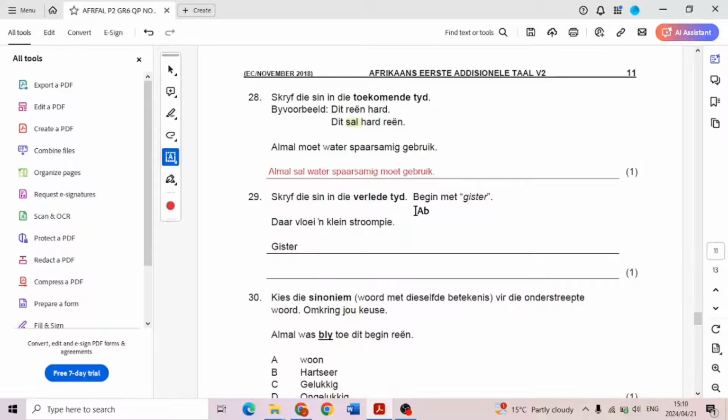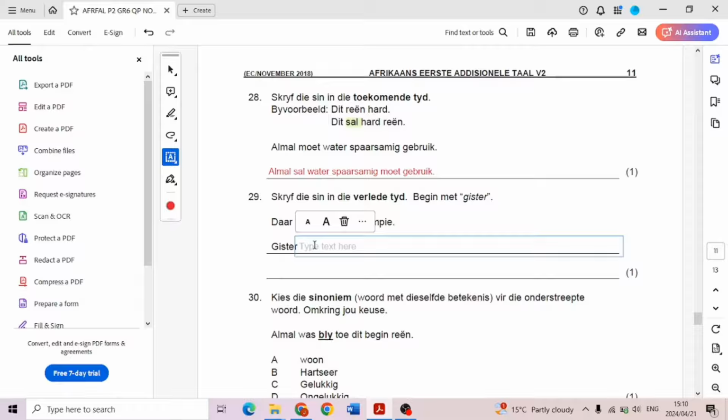Skryf die volgende sin in die verlede tyd begin met gister. So they love doing this as of lately. So daar vloei 'n klein stroompie. When you're working with sentences in the past, you know that the first one is supposed to be a subject, but in this case, they are using gister.